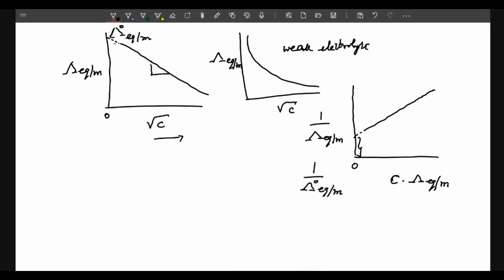What is the slope of this straight line in the case of a strong electrolyte? That is nothing but minus k. What is k? K is a constant.